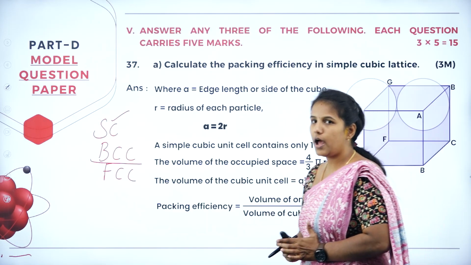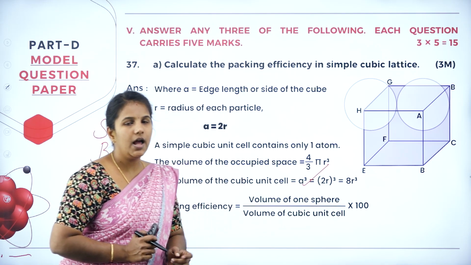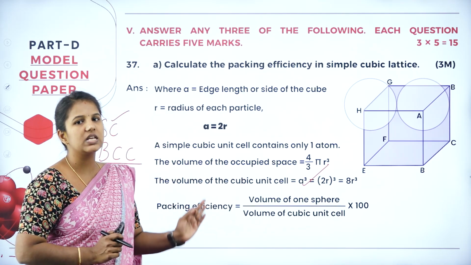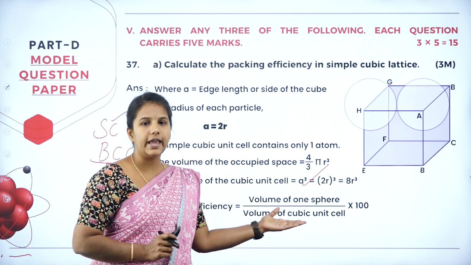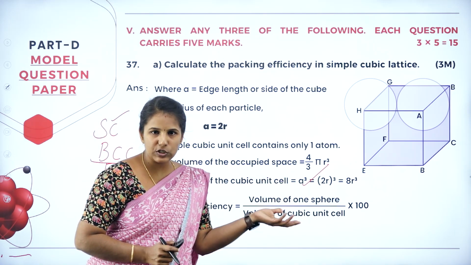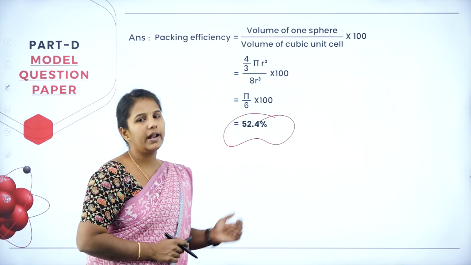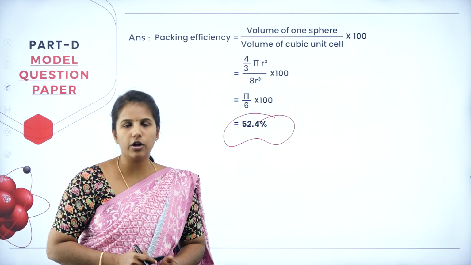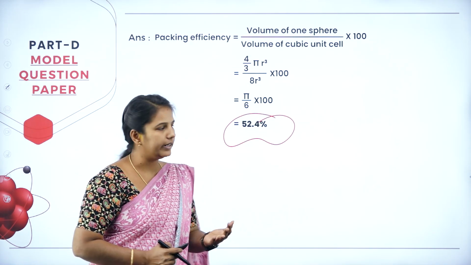So, what do you have to write? First, write the cubic unit cell of simple cube or BCC or FCC, then derive the equation up to A, where A stands for the edge length, then write the packing efficiency formula, then substitute and write the final percentage. This is how they are going to evaluate it.